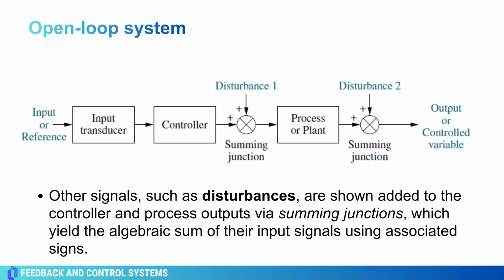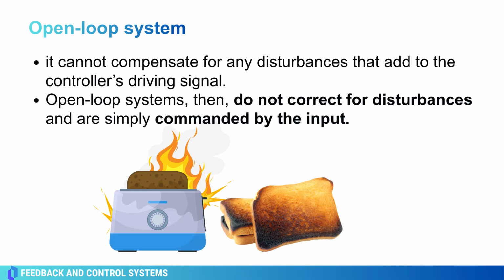So here we have plus signs to both the summing junctions from disturbance 1 and disturbance 2. So the open loop system cannot compensate for any disturbances that add to the controller's driving signal. So open loop systems do not correct disturbances and are simply commanded by the input.